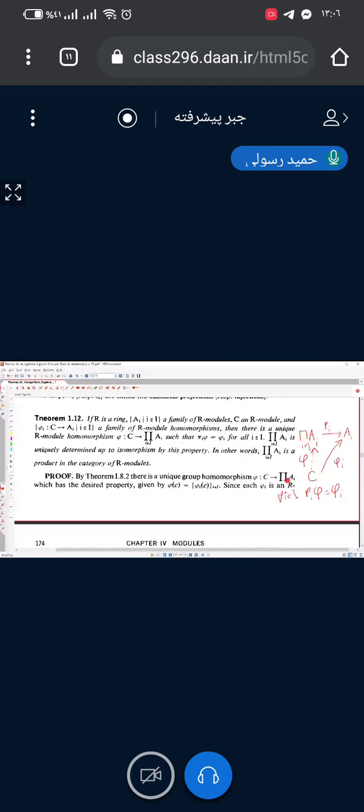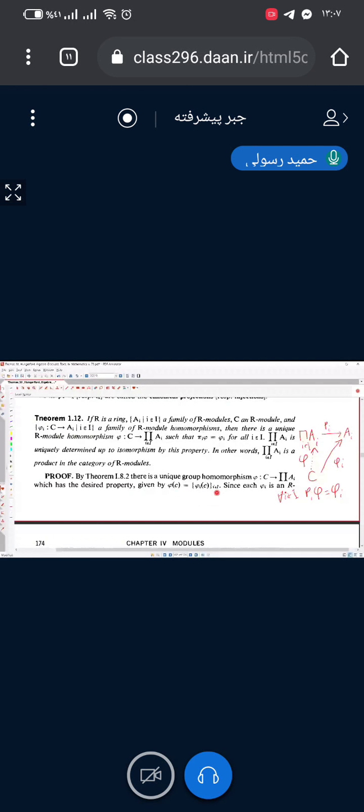As you see, there is a unique group homomorphism phi from C to product of AI, which has the desired property, given by phi of c equals the sequence phi I of c, because each phi I of c is in AI, and this forms a sequence in product of AI. This is a well-defined function and a unique group homomorphism.